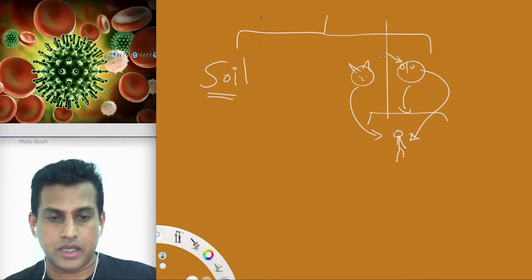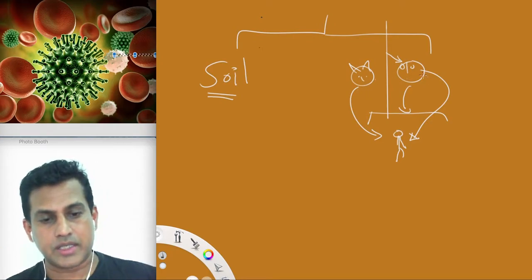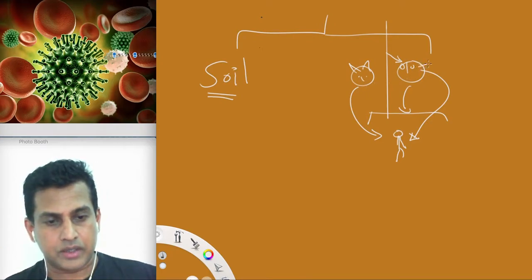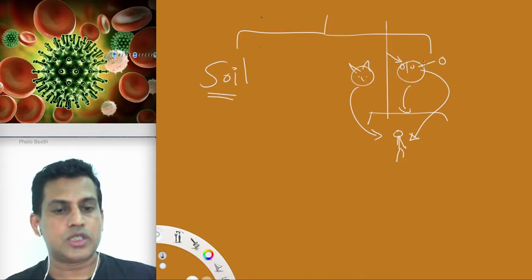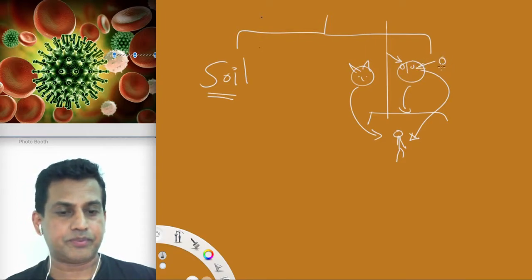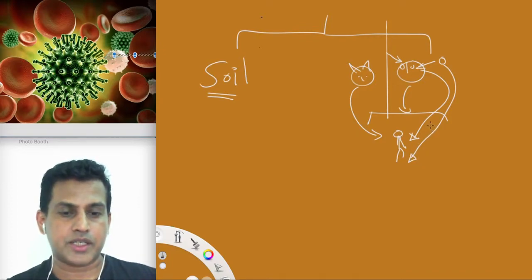Or the other is the places where we commonly live and interact with the animals. In this case, the organism is not harmful to these particular animals, so they're just living there, and maybe when it moves to humans, it could be harmful. We can call it pathogenic.